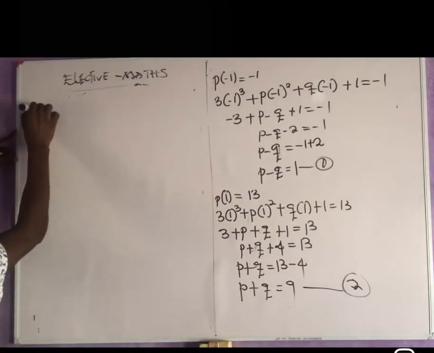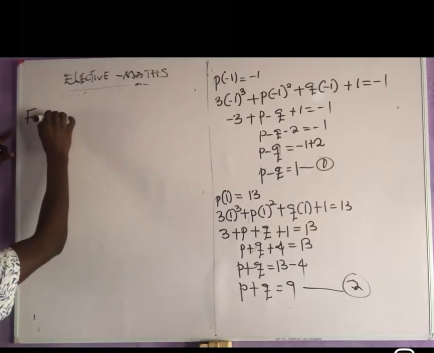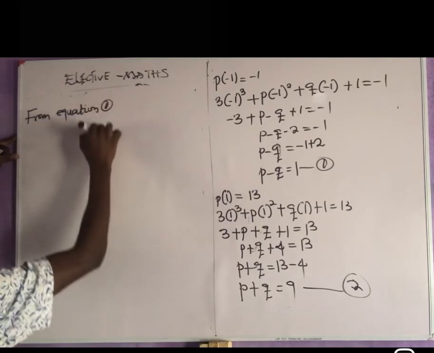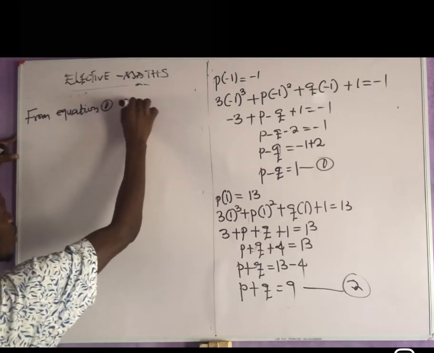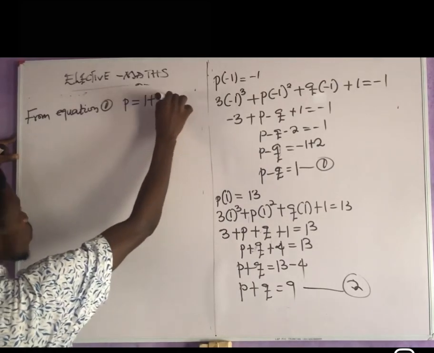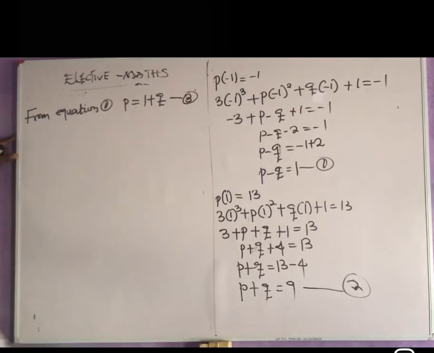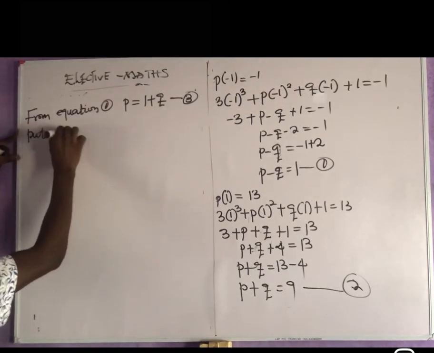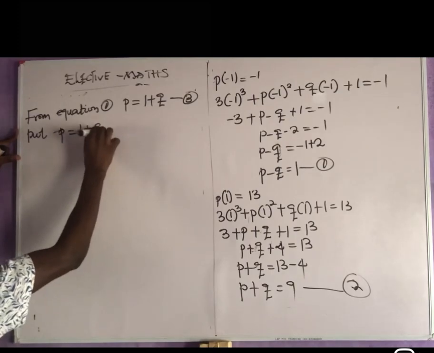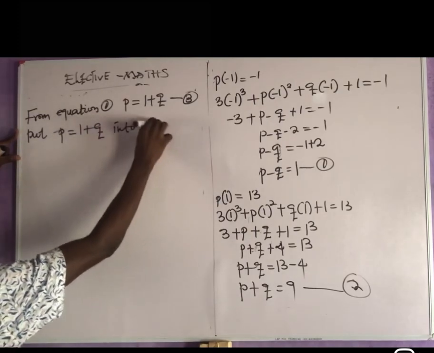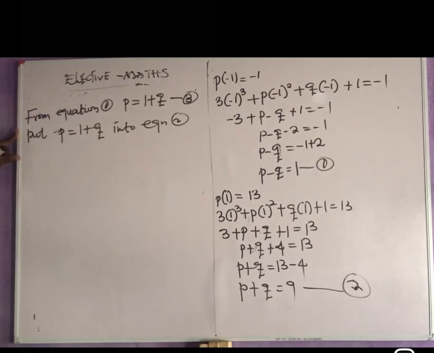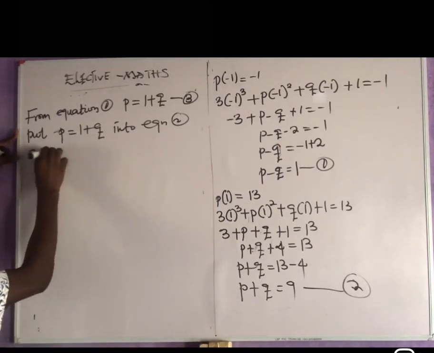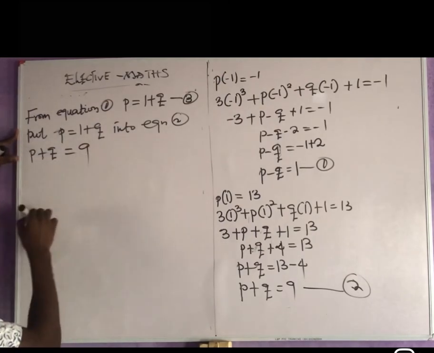Now from equation 1, p is equal to 1 plus q. Let's name this one equation 3. Now let's put p equals 1 plus q into equation 2. From equation 2 we have p plus q equals 9.